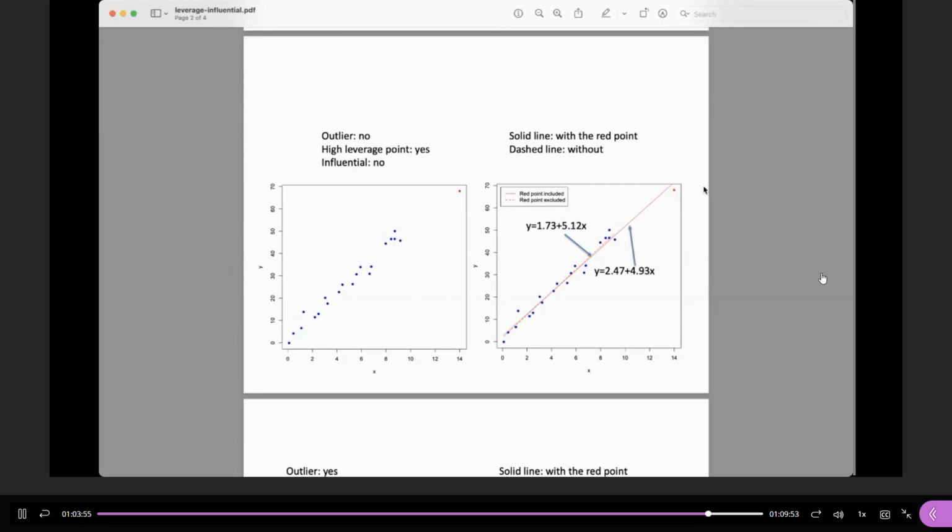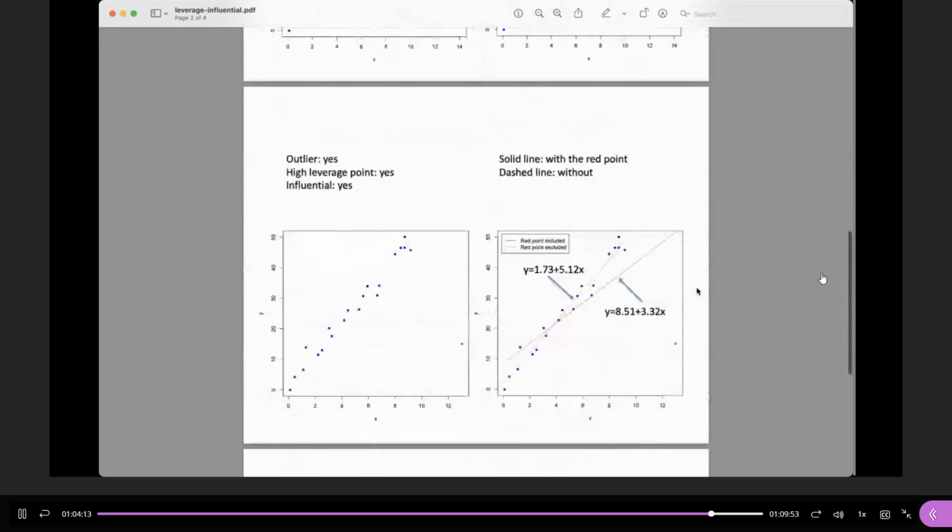The dashed line is with the point deleted. As you can see, it doesn't change the regression line much, okay? The coefficient for the slope also doesn't change much. So again, this is a high leverage point, very extreme in X, but not influential because it's not extreme in Y.